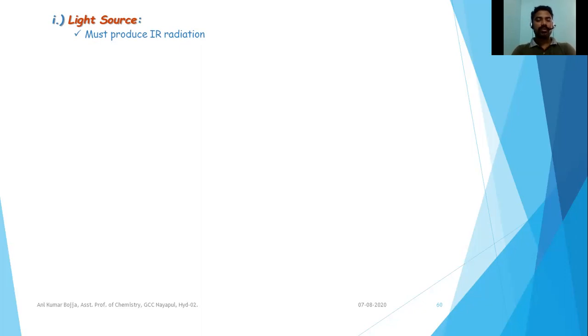If it also produces other regions of radiation, another issue develops: other filters have to be added to the instrument to filter the other regions from the infrared. So it is better to take a light source which exclusively produces radiation in the infrared region.